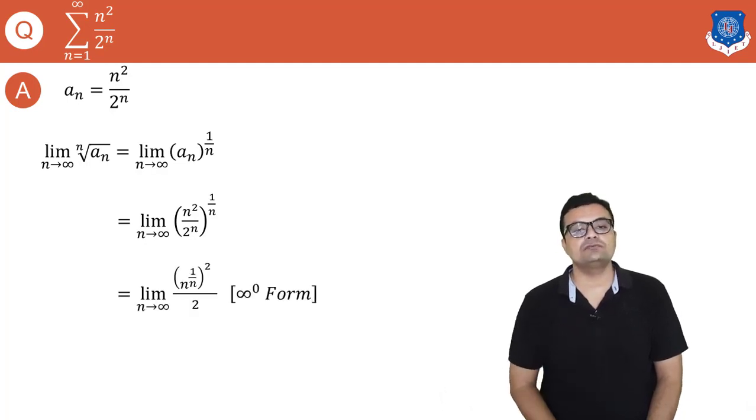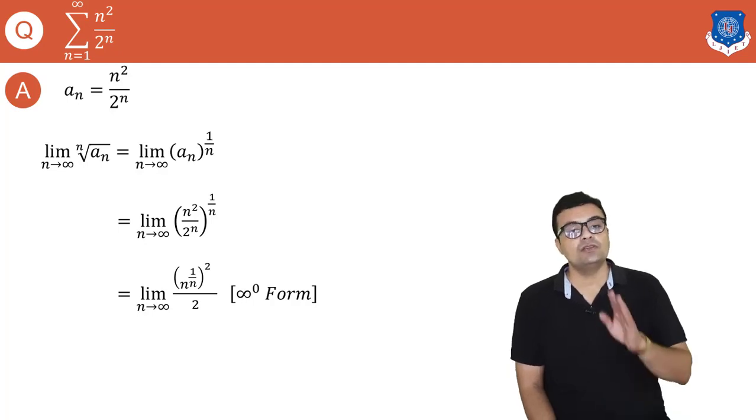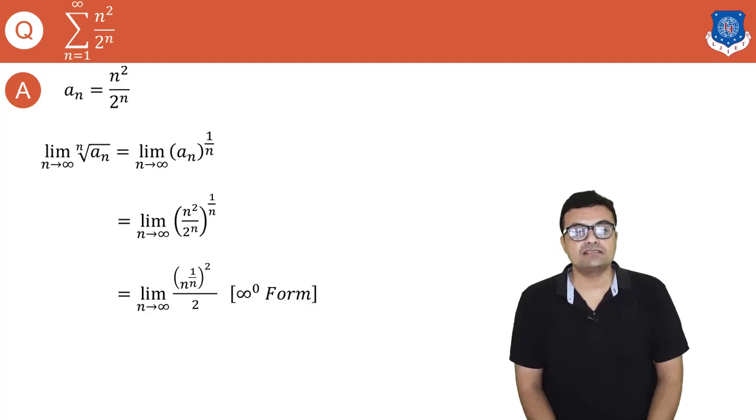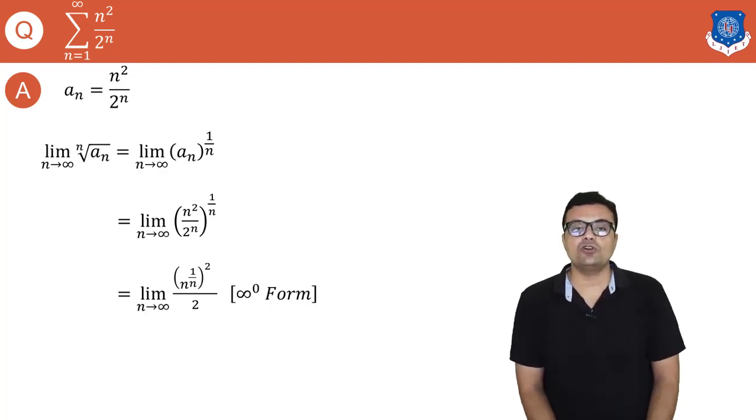And then if I apply this 1 by n separately in numerator and denominator, it reduces to n raised to 1 by n, whole square, upon 2. Now this n raised to 1 by n with limit n tends to infinity is nothing but the infinity raised to 0 form. And we have seen this indeterminate form in detail in our different talks on indeterminate forms.